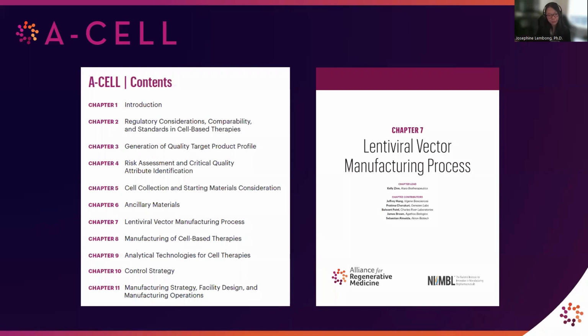Chapter 8, which we covered in a previous webinar, details the manufacturing process for CAR-Ts, and then analytics, control strategy, and last but not least, facility design considerations for cell therapies. Each chapter, to an extent, stands on its own, although there's a common QbD theme running throughout. Today's talk will cover the lentiviral vector manufacturing principles and the examples that are laid out in Chapter 7.